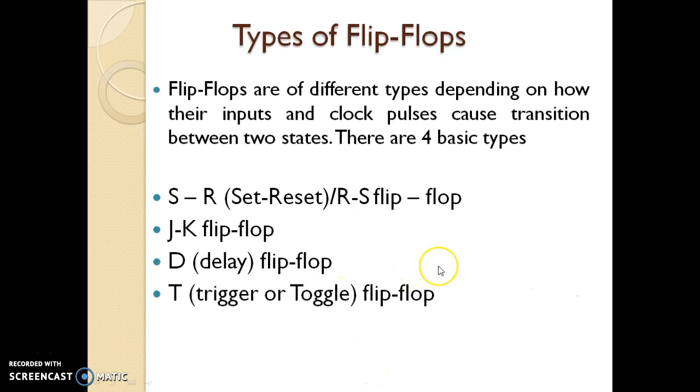Now the flip-flops in digital circuits are basically of four types. These four flip-flops are named the SR flip-flop or RS flip-flop, that is set reset or reset set flip-flop, then the JK flip-flop, the D type flip-flop, that is the delay flip-flop, and the T type flip-flop, which is a trigger or toggle flip-flop.